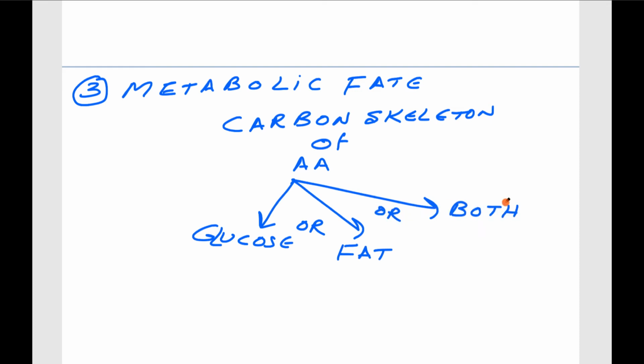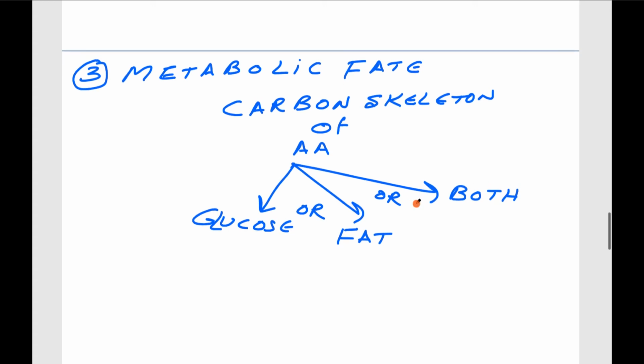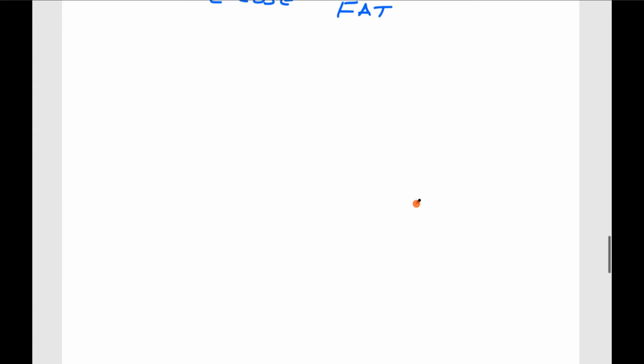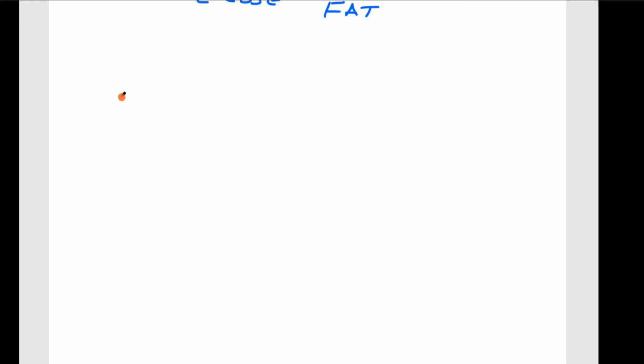Glucose, fat, or both. So, during the metabolism, they can be either converted to glucose or fat or both. Based on that, they can be classified.